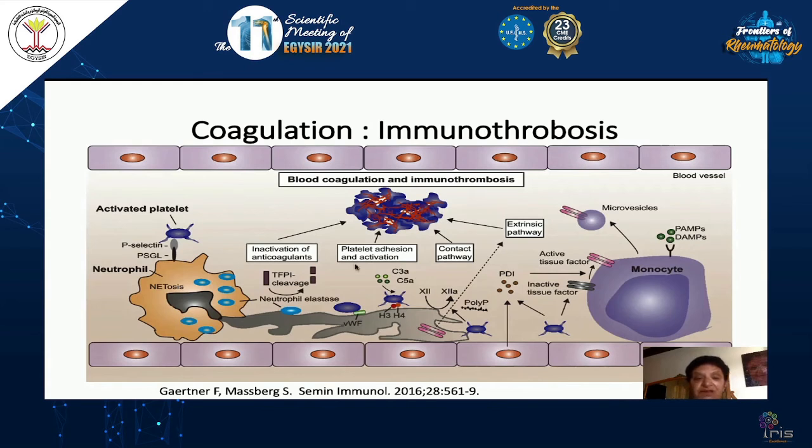And this results in inactivation of natural anticoagulants, platelet adhesion and activation, and contact pathway and extrinsic pathway stimulation of the coagulation cascade. And here we have blood coagulation and immunity at a glance. They act together, they are stimulated together to try to cope with the pathogen and make the pathogen still and stop the propagation of the pathogen elsewhere in the body.